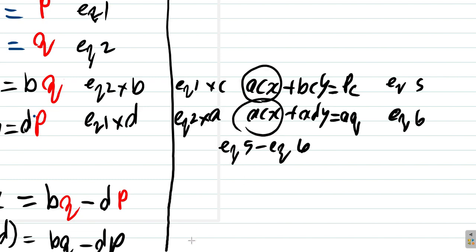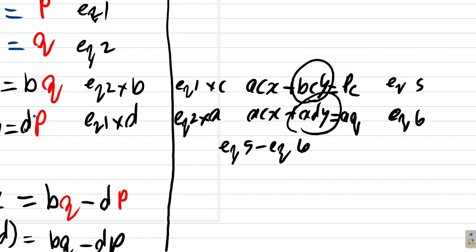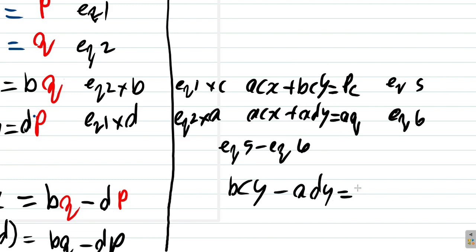ACX minus ACX, that's 0. X is gone, eliminated. And we have bcy minus ady equals pc minus aq.